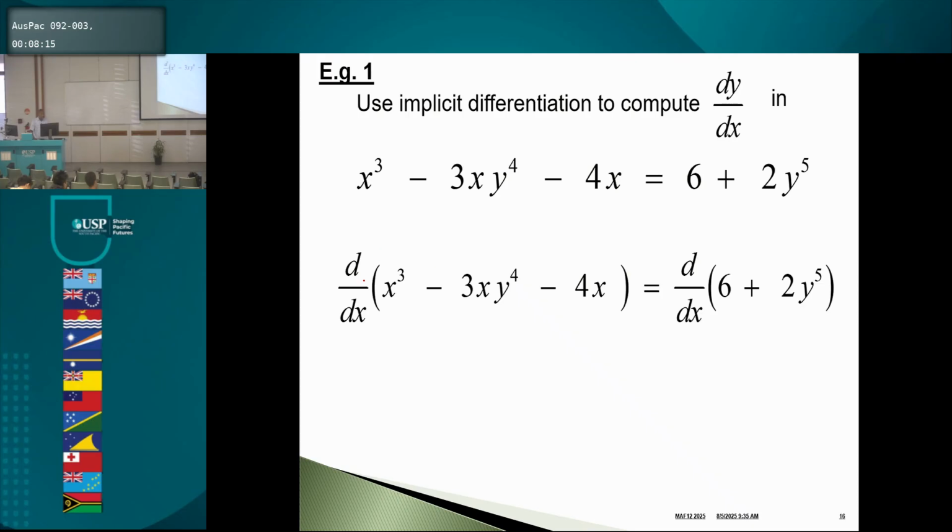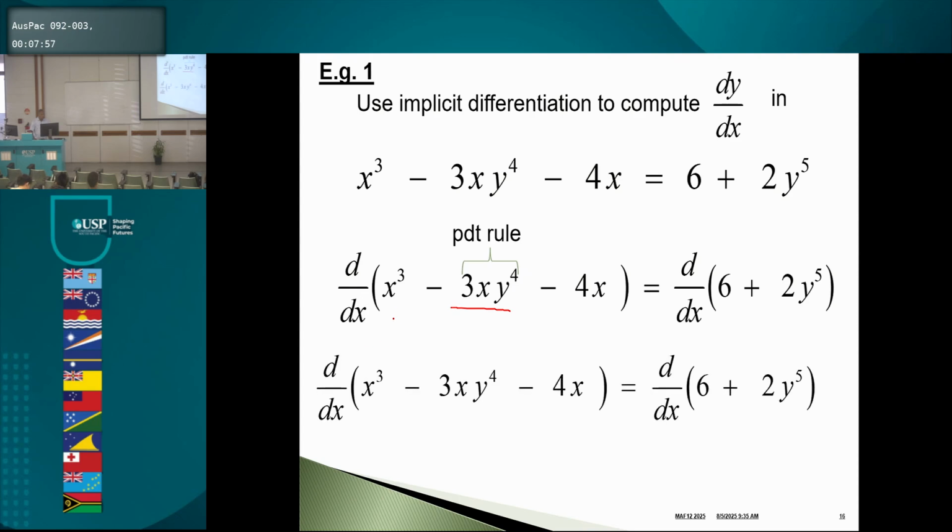Differentiate x cubed. Now, this has got a combination of x and y. So in this case, I will use the product rule. So if I differentiate x cubed, what do I get? 3x squared, eh?